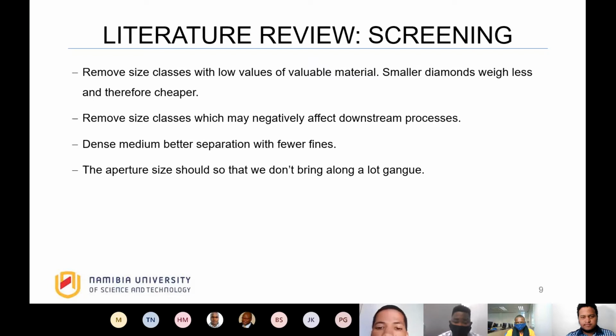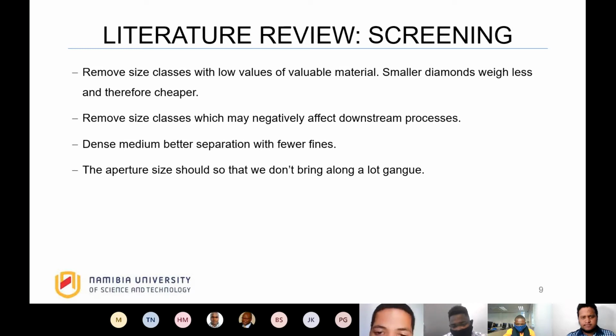The other thing is, if you do your screening and remove your fines, it helps because diamonds are sold by size. Otherwise you will have a lot of fines in your stream, and these fines will be detrimental to your downstream process like the PMS and such.